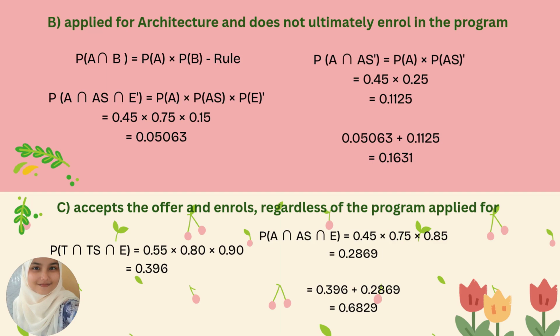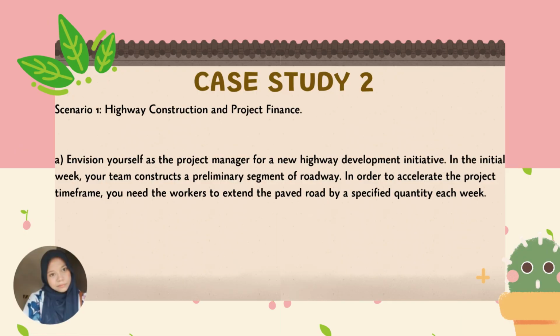Adding these two probabilities together gives 0.68, or 68.29%. Let's move to case study 2.